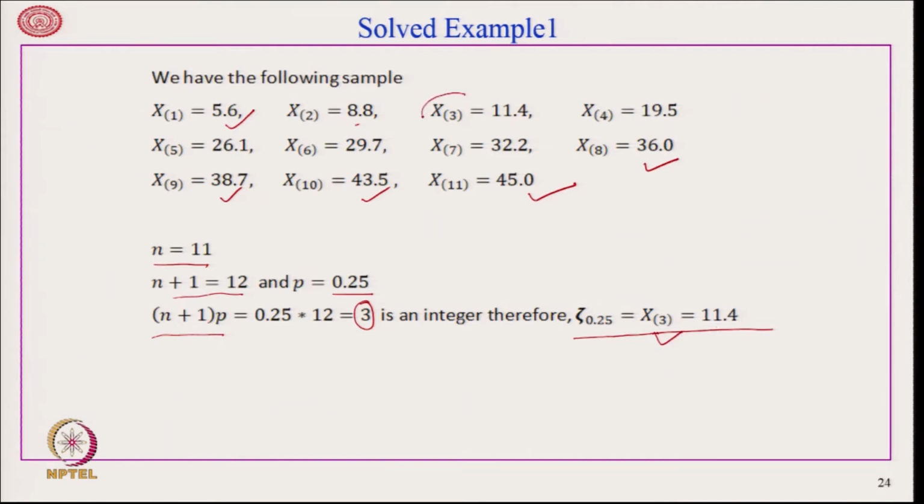What does it mean? This inference says that the population is such that 25% of the observations are going to be less than or equal to 11.4. Very, very simplistic, but that is how it practically works.